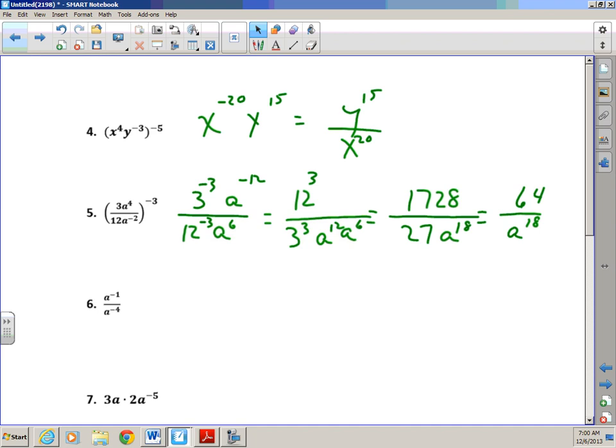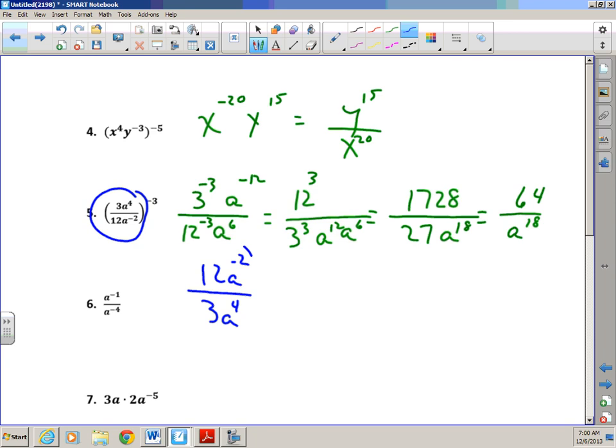All right? Now, a second way that you can do this is this entire fraction is being raised to the negative 3 power. If I were to take the reciprocal of that fraction, I don't change what's there, I just take its reciprocal. I then would be converting the outside exponent to a positive, and then I can distribute.